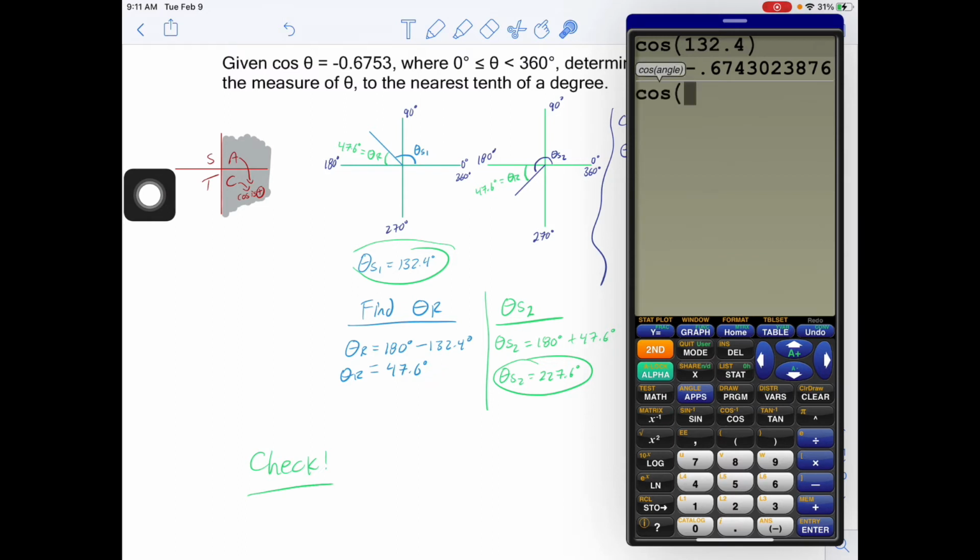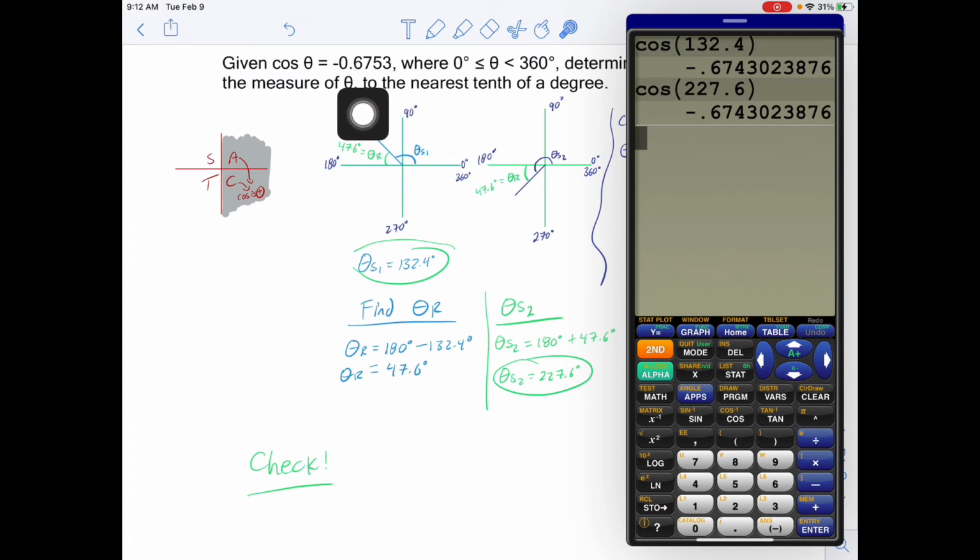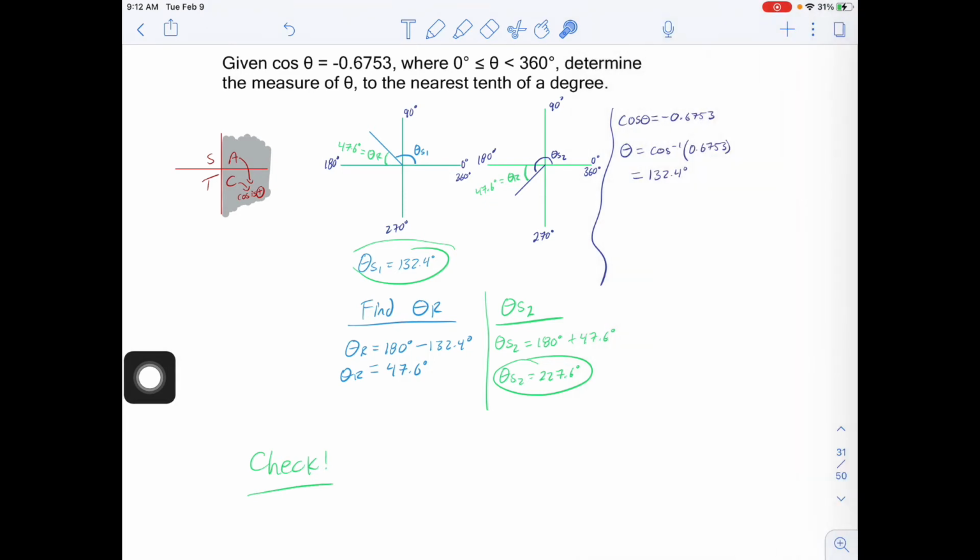Let's plug in cos 227.6. And again, that gives us negative 0.6743. This gives us negative 0.6753. So we're a decimal off because, again, we rounded these values. So hopefully that made sense.